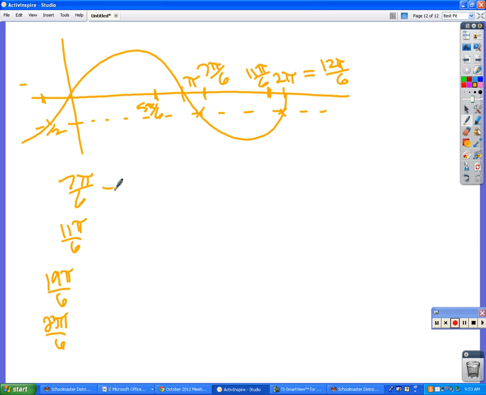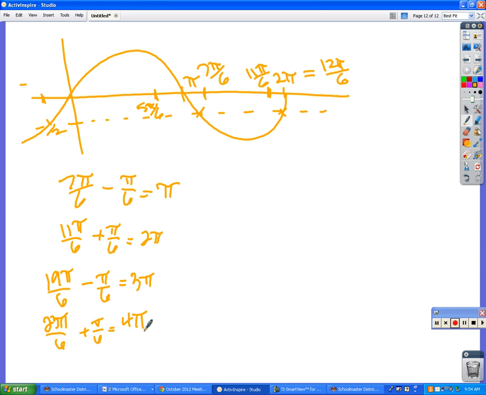Okay, so what I want to do to figure out my formula is I need to figure out what I need to add or subtract to these to get them to be a regular old multiple of pi. So if I subtract pi over 6 from here, I get pi, right? If I add pi over 6 to here, I get 2 pi. If I subtract pi over 6 from here, then I get 3 pi. And if I add pi over 6 onto here, then I will get 4 pi.